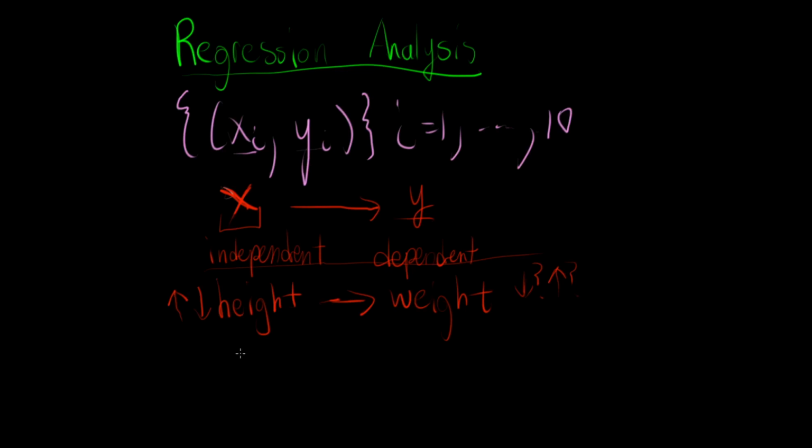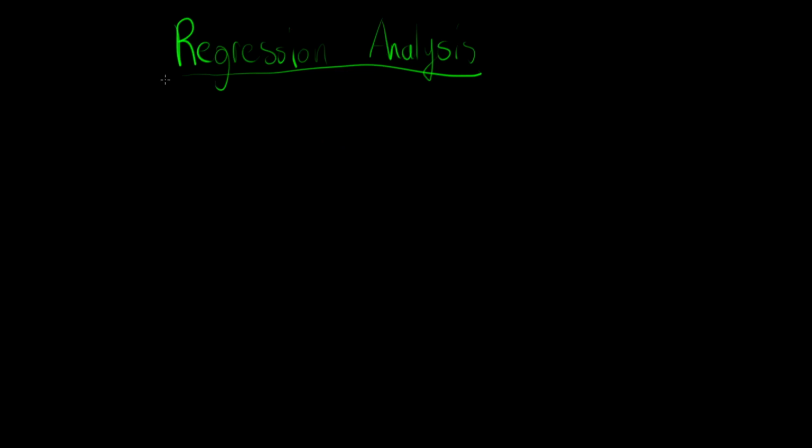So mathematically, let me write this again. These xi's and yi's: the x's are called covariates. They are independent variables, but covariates is the name statisticians like to use.